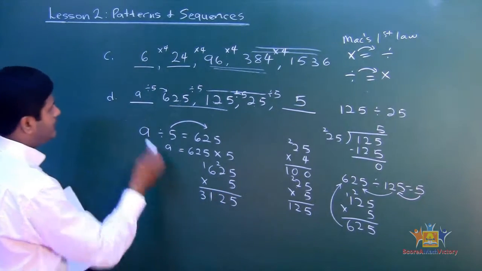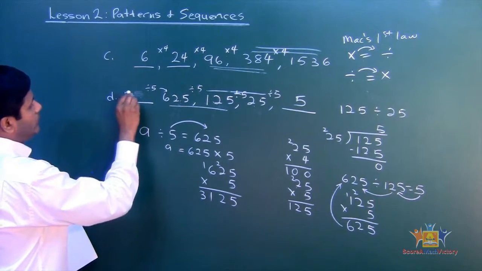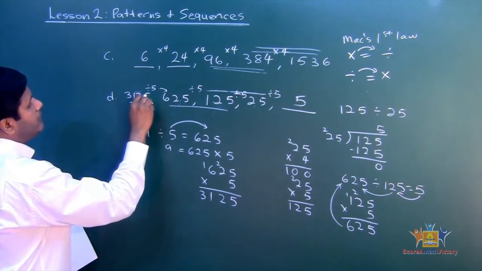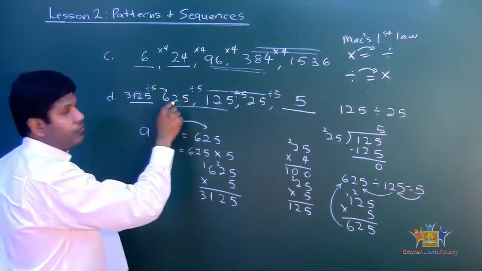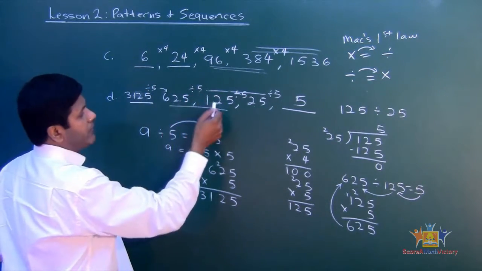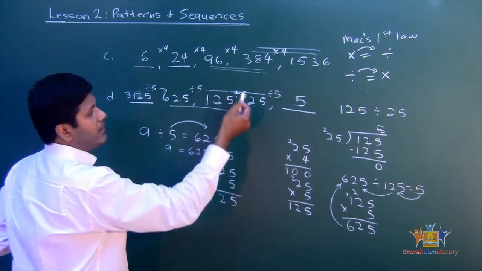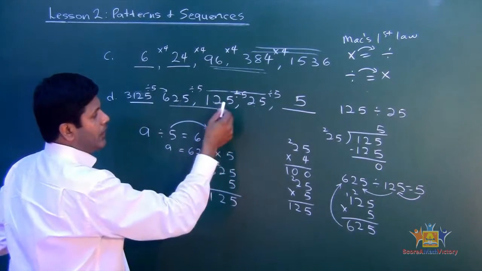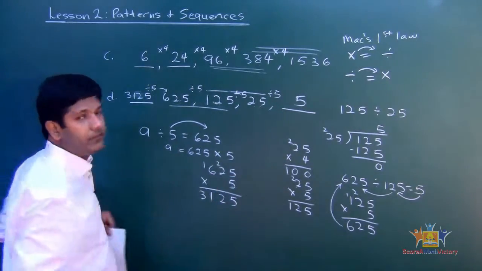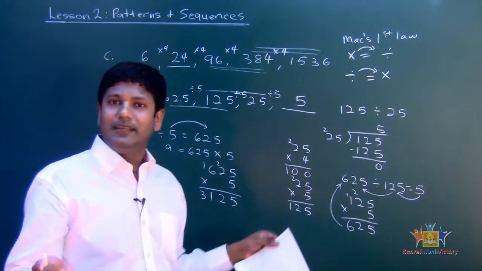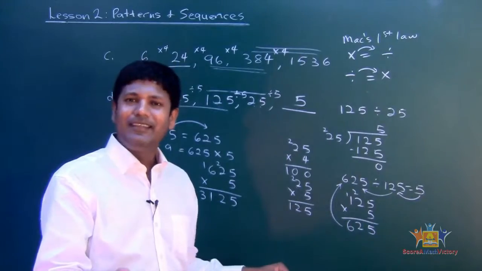So that means this is 3,125. So 3,125 divided by 5 gives me 625. 625 divided by 5 gives me 125. 125 divided by 5 is 25. 25 divided by 5 is 5. That's it. Pretty easy, isn't it?